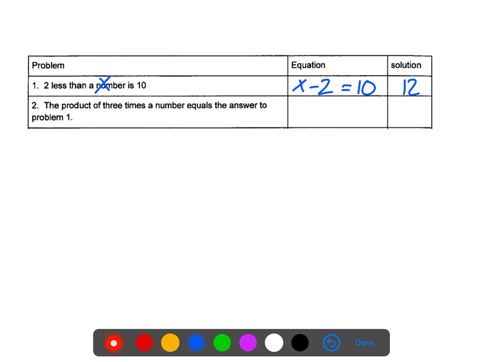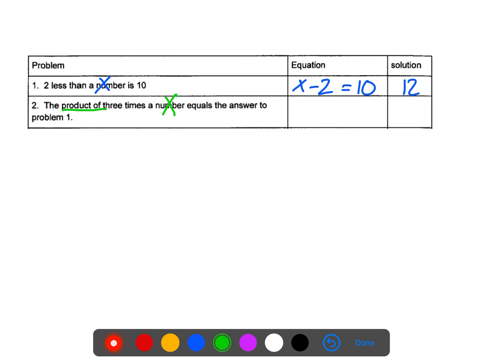Now we have to be very careful how we solve this because our solution is going to tie into the next situation. It says the product of three times a number equals the answer to problem 1. So we're going to take our problem number 1. We're going to use the product, multiplication, of 3 times a number. There's our missing value.